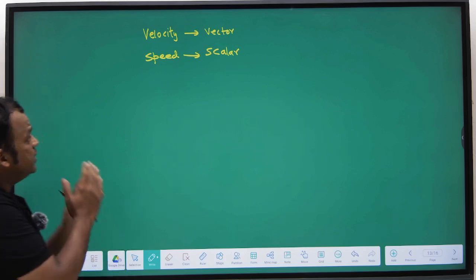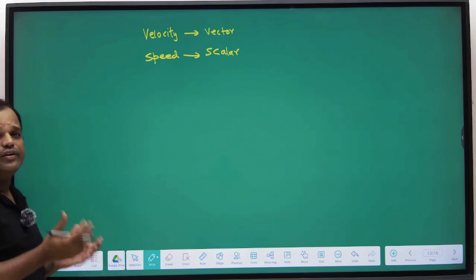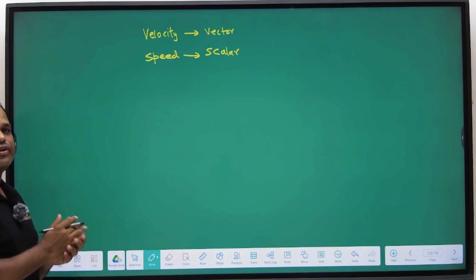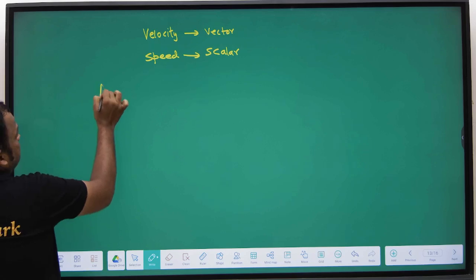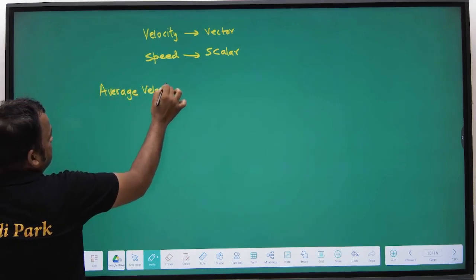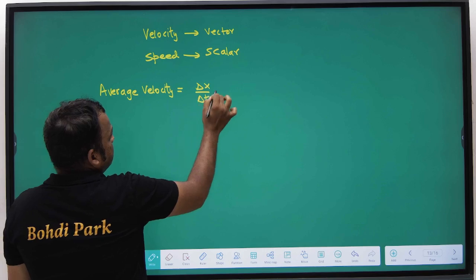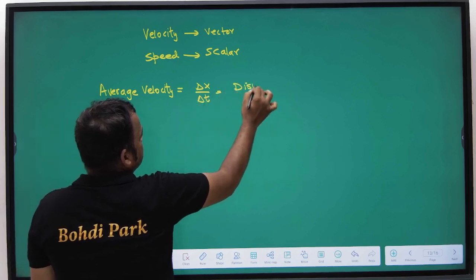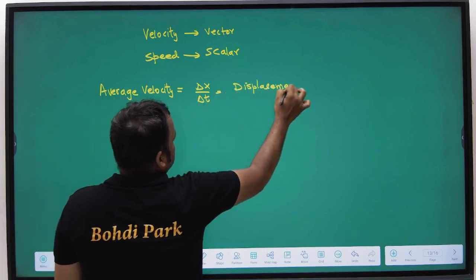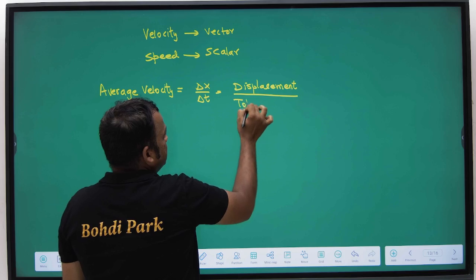So first we will see the formula. We are going to write four formulas. You observe when I say average velocity, it is denoted by delta x by delta t. Delta x means displacement, and delta t means change in time or total time taken.